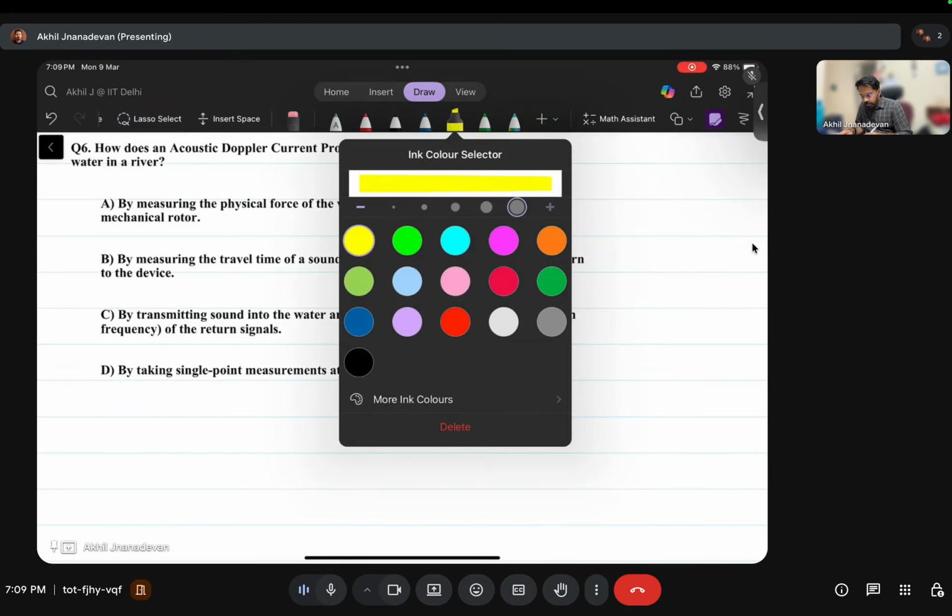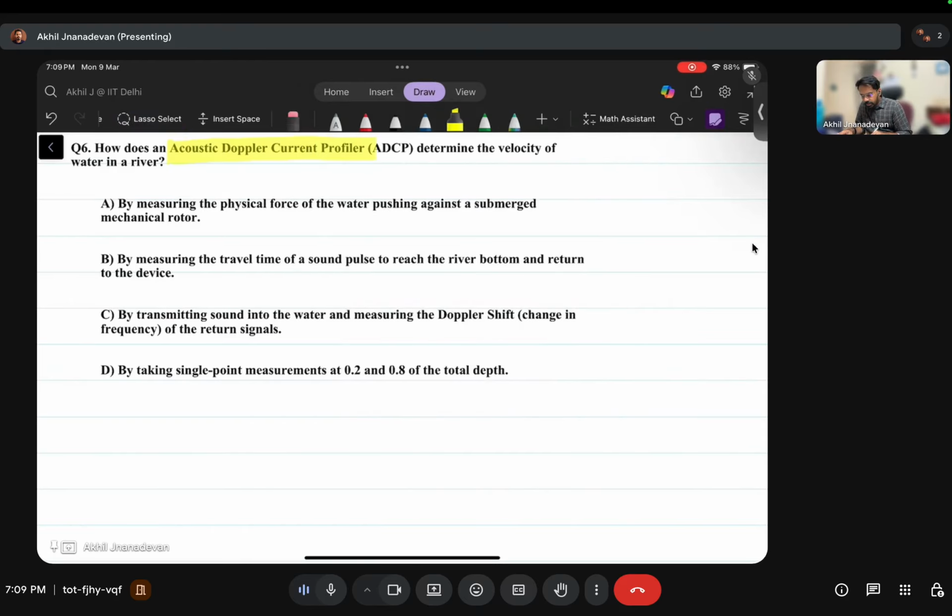This is an advanced instrument that is used to measure river discharge. It basically measures the velocity and also the river profile, which is different at different depths.